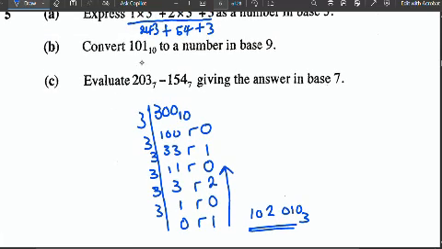Then convert 101 base 10 to a number in base 9. So this was A. Our B, 101 base 10 to base 9.